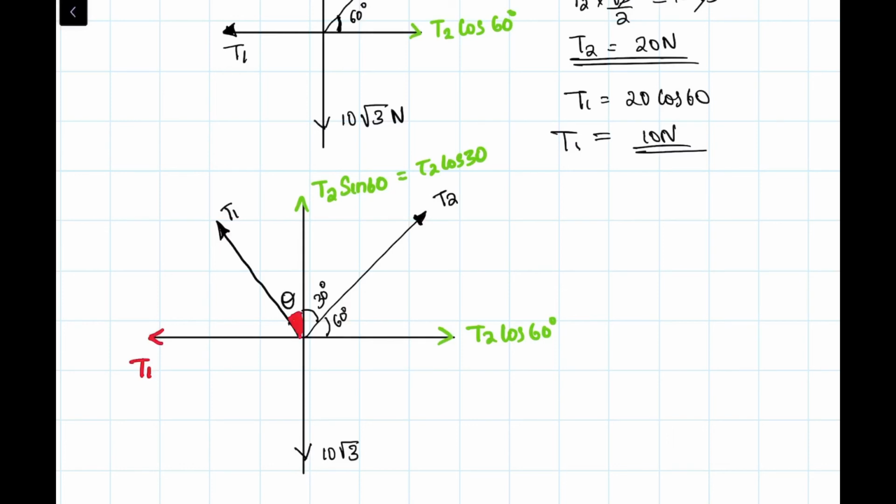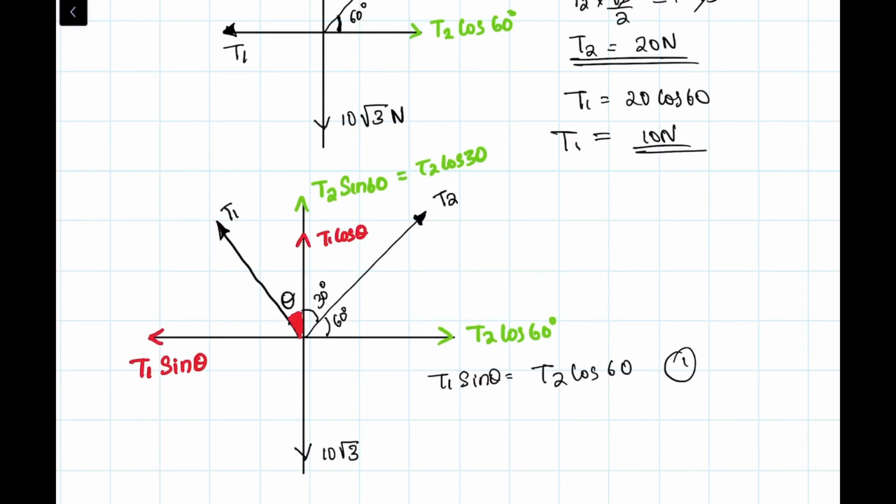So the horizontal component will become T1 sin theta, and the vertical component will become T1 cos theta. Understood? That's how we do it. Now let's equate this. Let's equate the left side component, which is T1 sin theta, to the right side component, which is T2 cos 60. That's one equation.